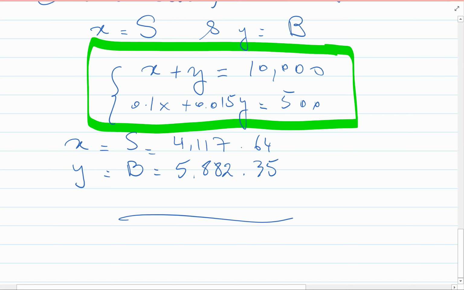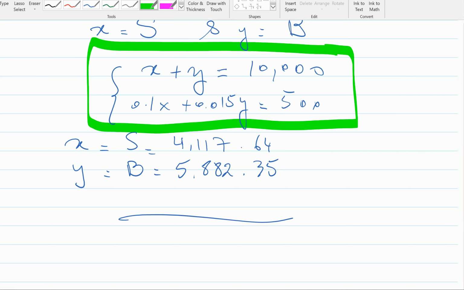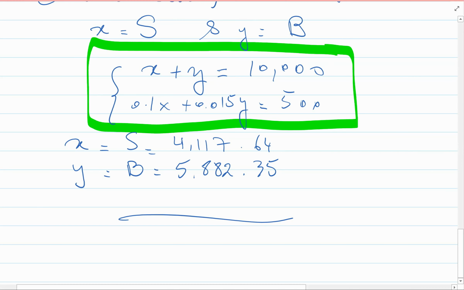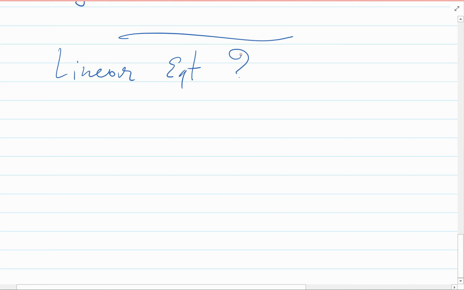So in order to move on, I'm done with the motivation. Now let's go into the abstract formulation of what a linear system is. We start with what a linear equation is, because a system of linear equations is just a bunch of linear equations.